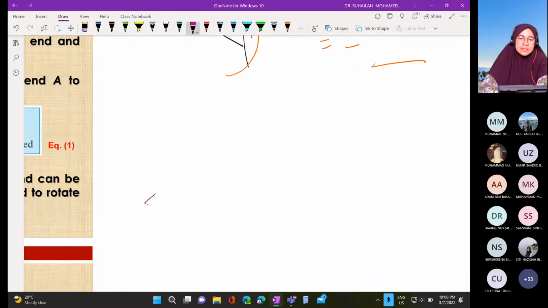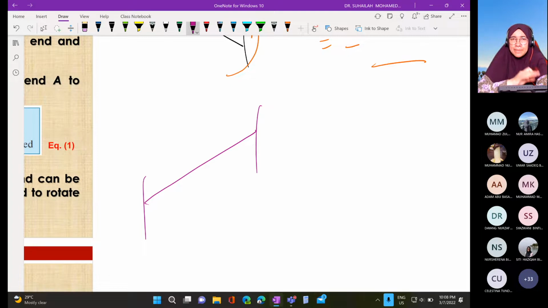BC after settlement looks like this. Clockwise or anti-clockwise, for BC?